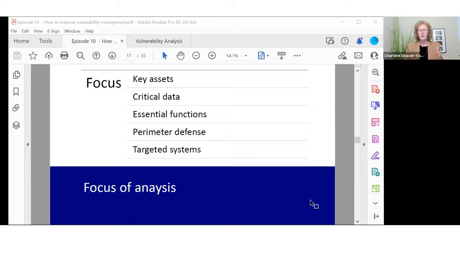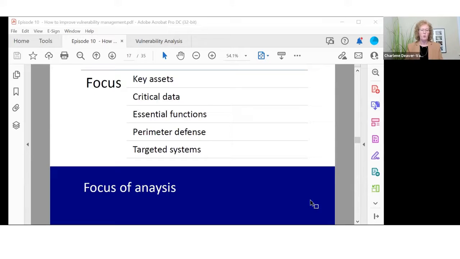A lot of what's on this list is part of the conversation you need to have with leadership, and leadership needs to decide what the priority is, right? When we look at the analysis piece, we're looking at exploitable vulnerabilities. But the other half is knowing which systems those vulnerabilities exist on, because together that's how you make the prioritization.